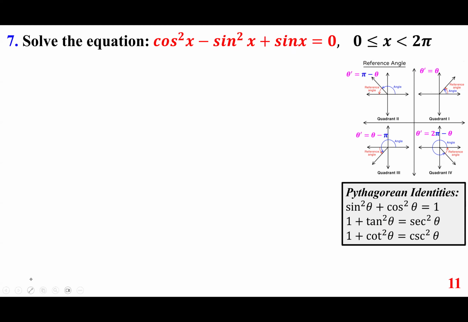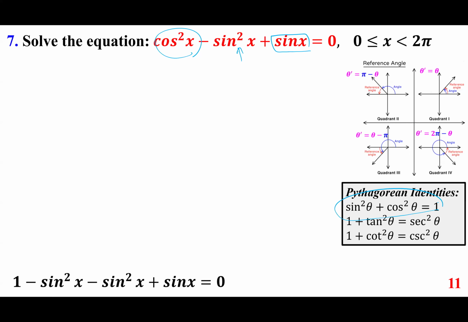Take a look here. Since we have sine x, we're going to keep this, and this must be changed to 1 minus sine squared.